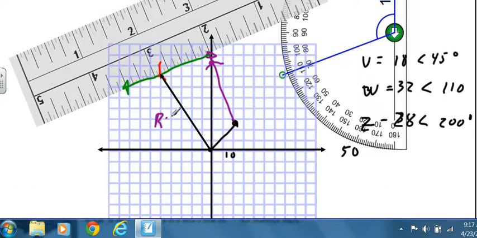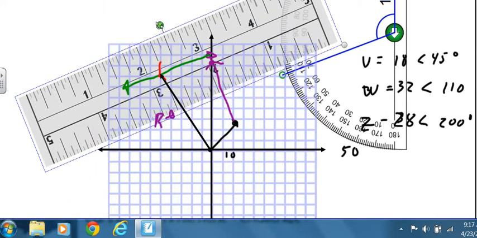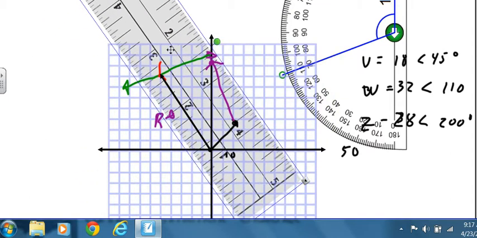R is right there. So now I need to know the angle and the magnitude. So we take our ruler and we measure how long it is.